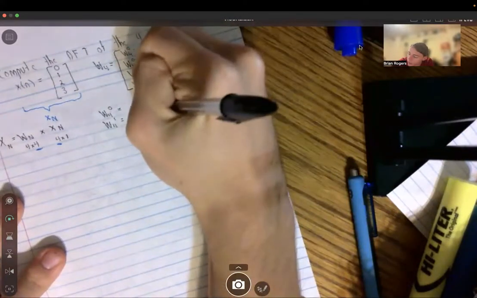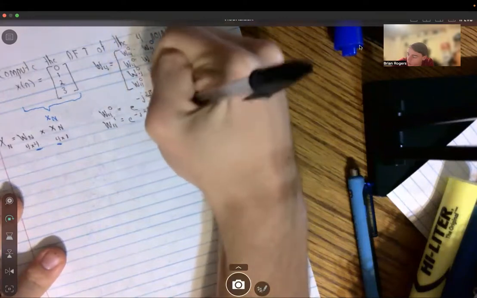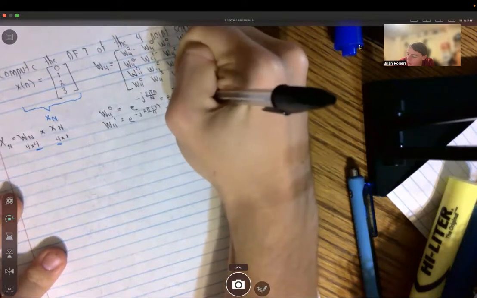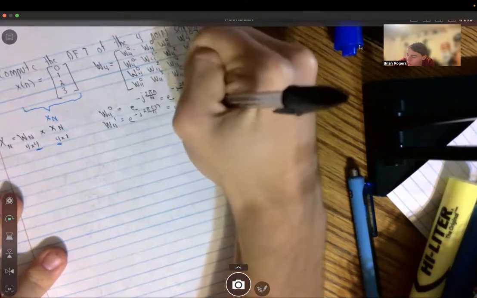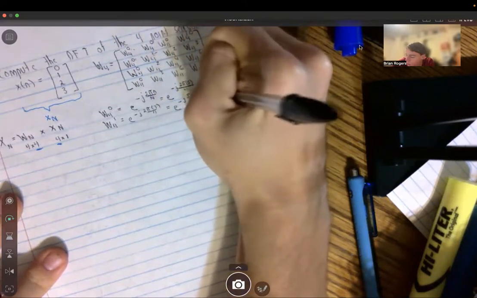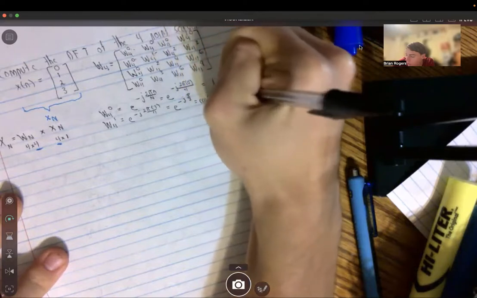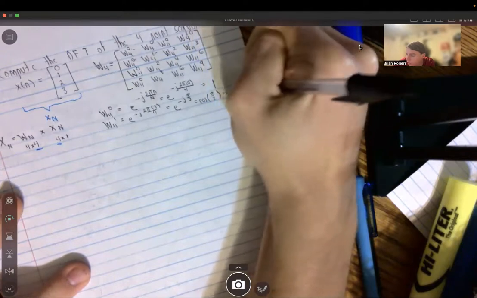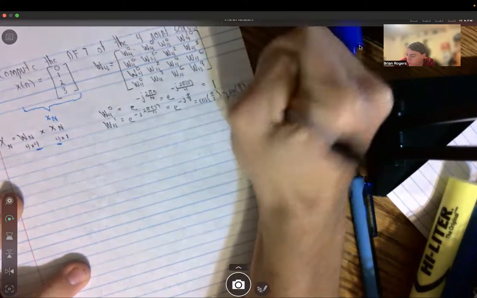So it's 1 all over 4, which is e to the negative j pi over 2 if you simplify it, which is cosine of pi over 2 minus j sine pi over 2, which is just going to equal negative j.